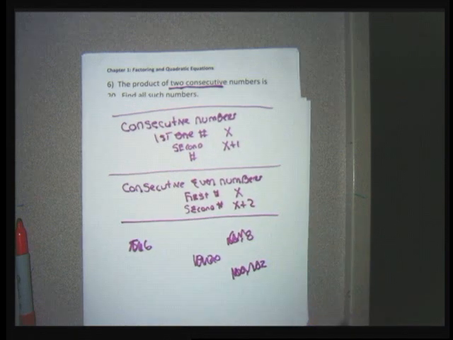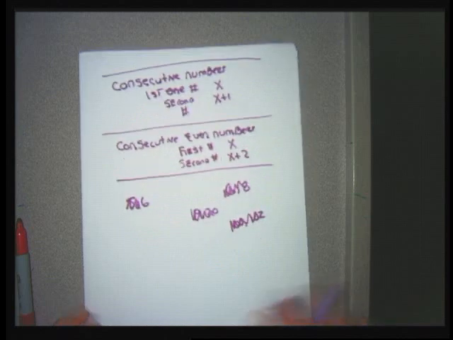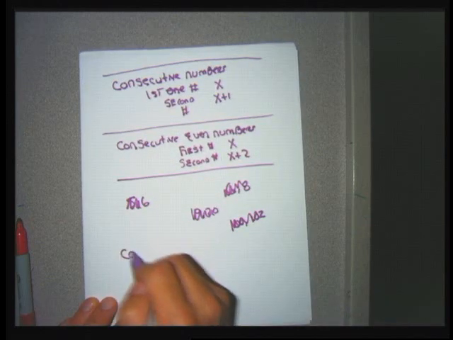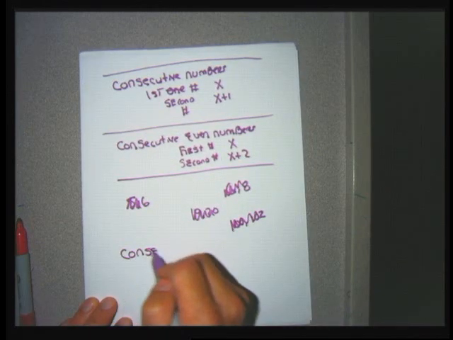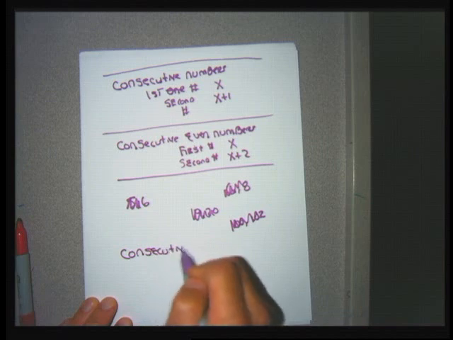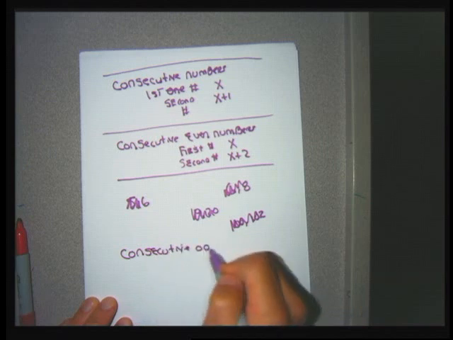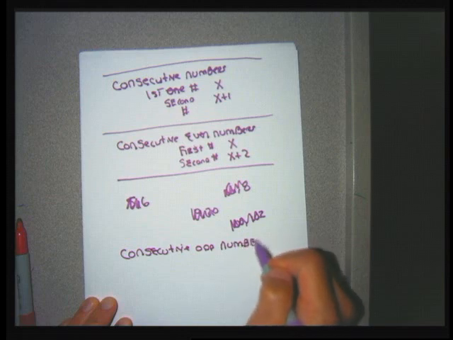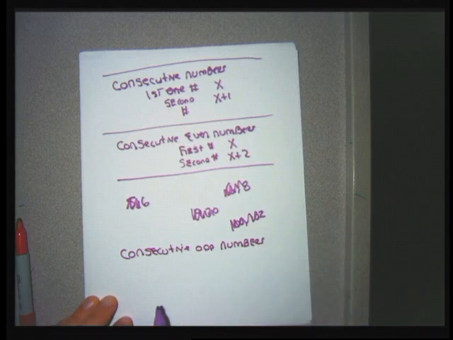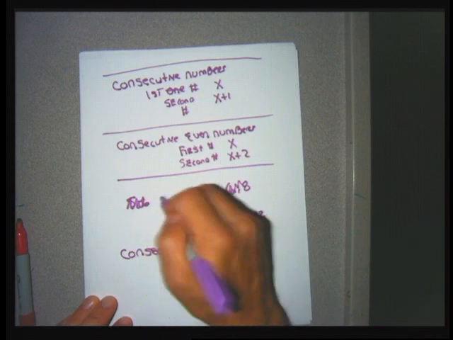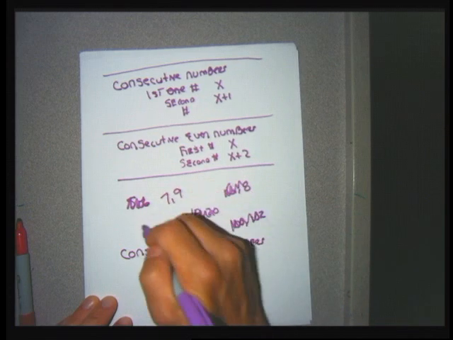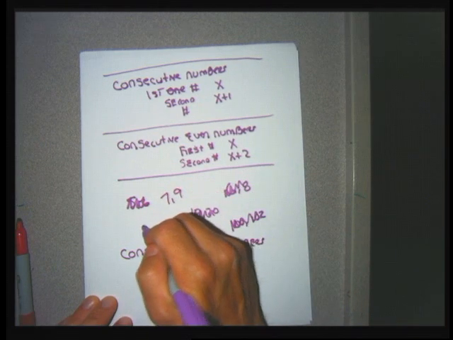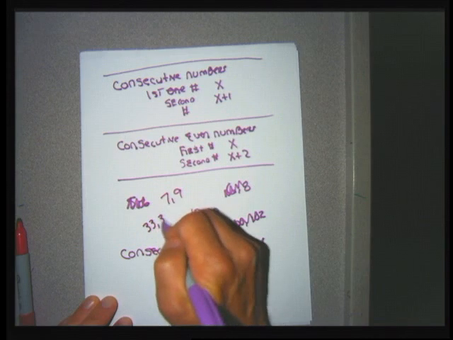The other thing that I might see in a consecutive number word problem is the word consecutive odd numbers. And if in a word problem I see consecutive odd numbers, then it's looking for numbers like 7 and 9, or 33 and 35.